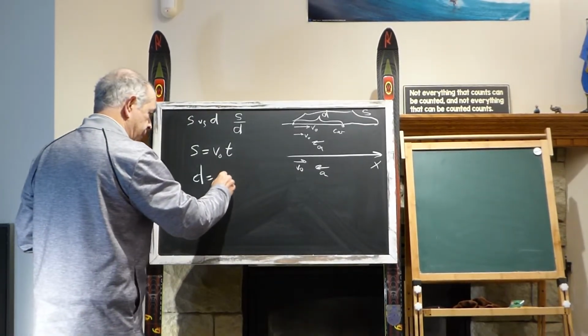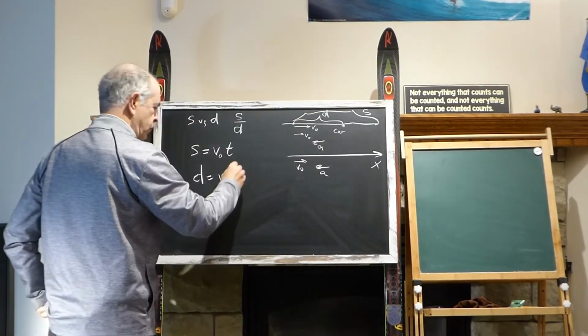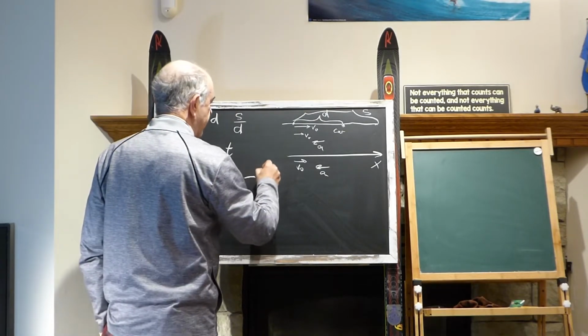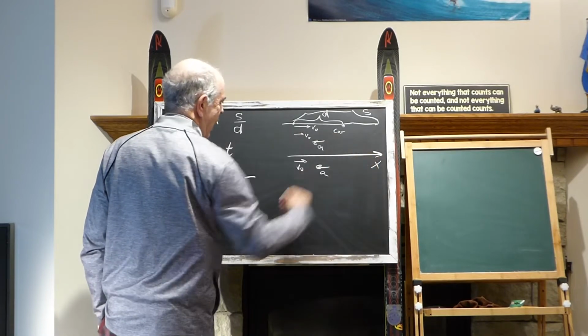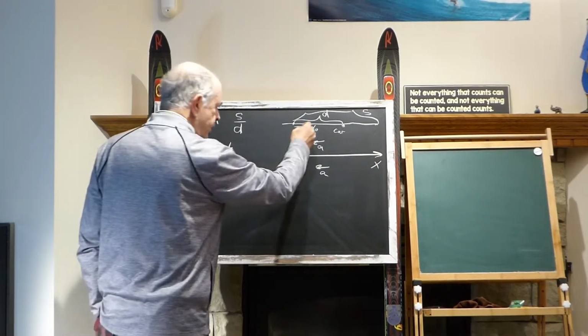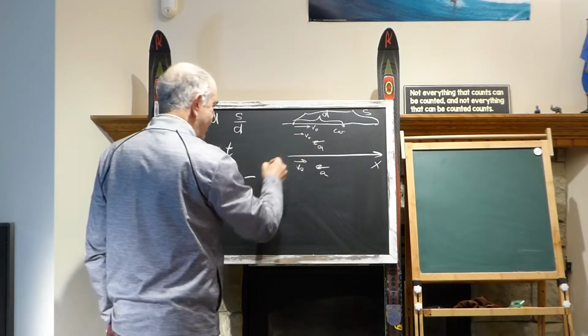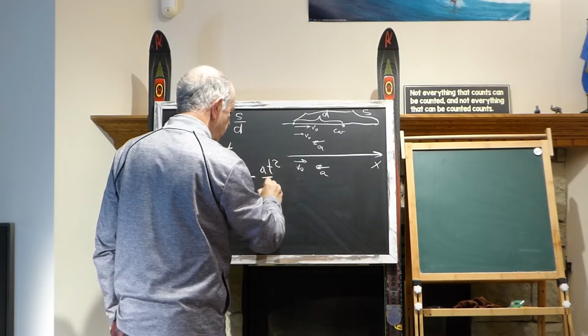After you recover this, it would be V0 t, because it starts with the same speed and goes for the same time t, and here you put minus. Minus because A is directed against the x. V0 is directed this way, that's why it comes with a positive sign. But A is directed this way, so it comes with a negative. Okay?